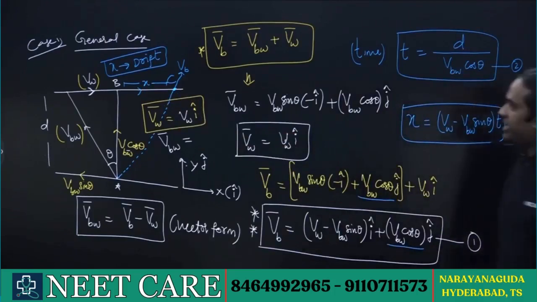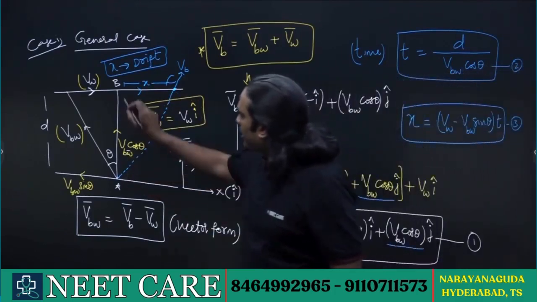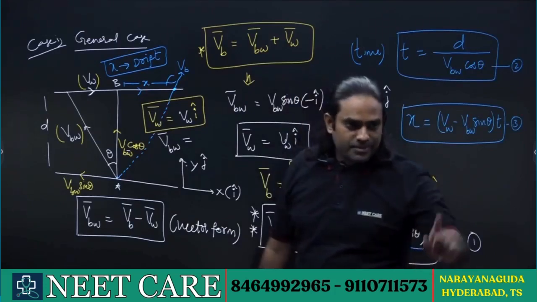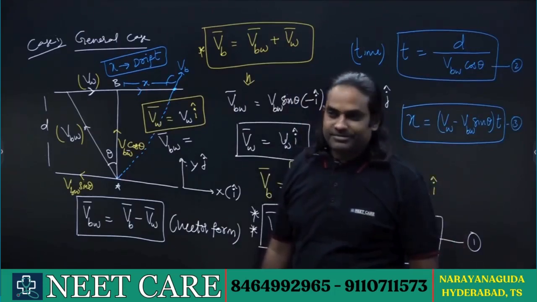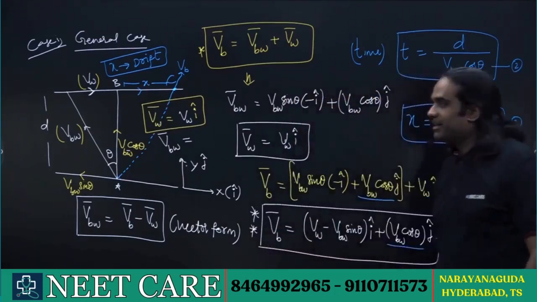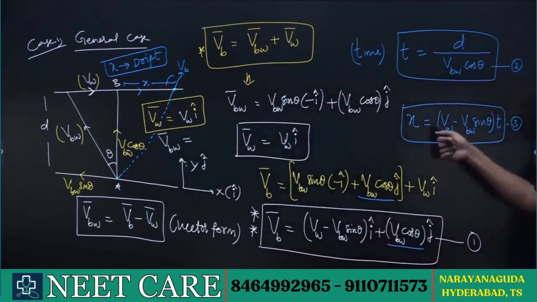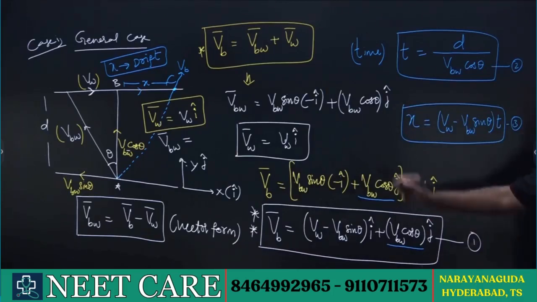So in order to reach in the shortest path along AB, x must be 0, no? There shouldn't be any x value. It shouldn't get laterally displaced. It shouldn't have any drift. Then only we can conclude that the boat can reach the other bank in the shortest path, when the value of x becomes 0.